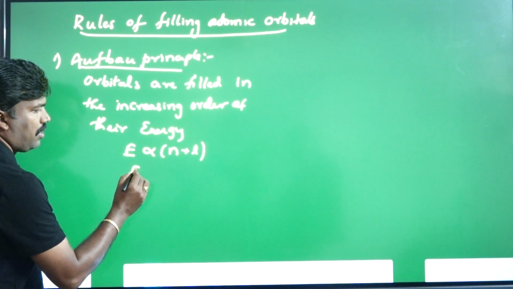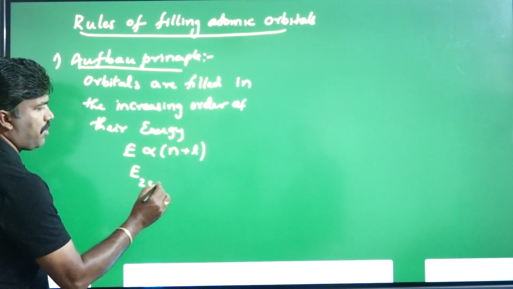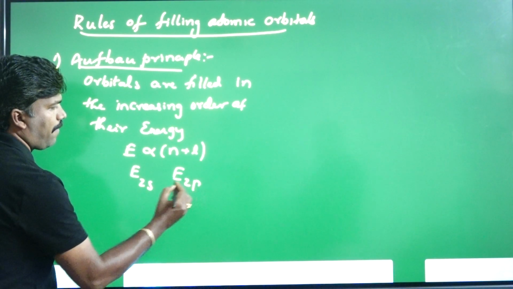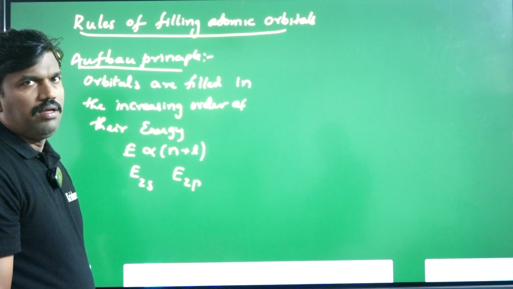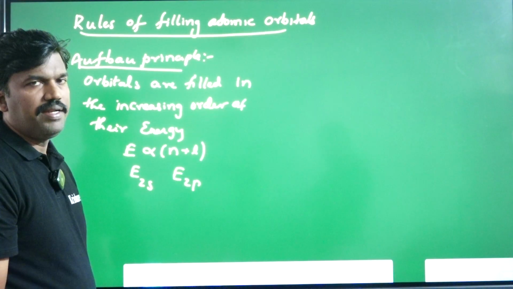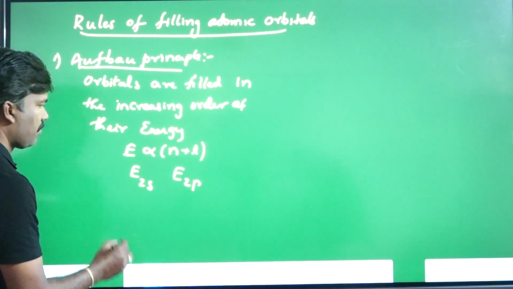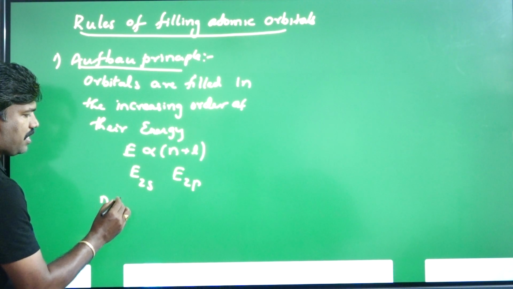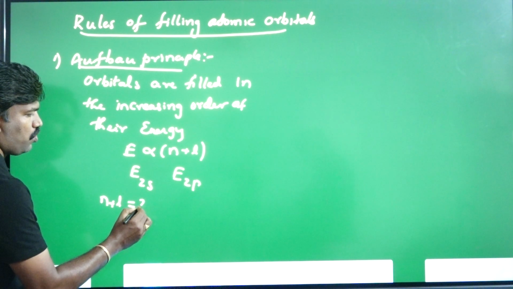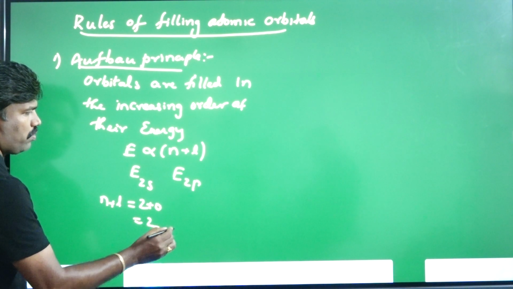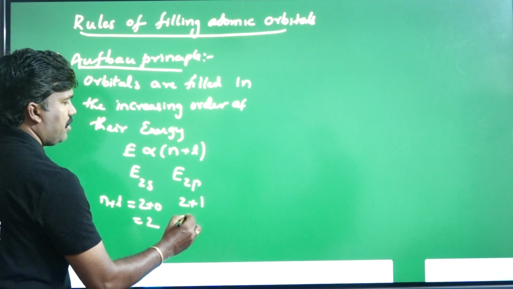For example, energy of 2s orbital, energy of 2p orbital. We have to find out which one is more energetic. Let us find n plus l. 2 plus 0, 2. 2 plus 1, 3.